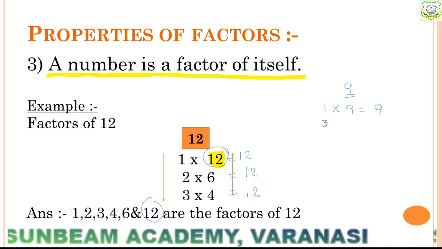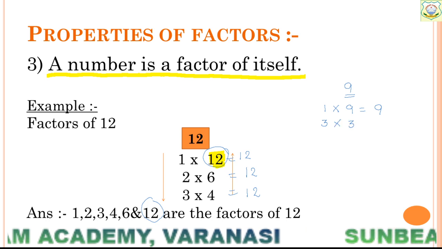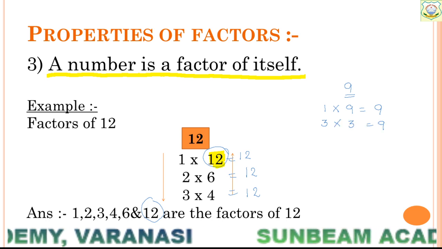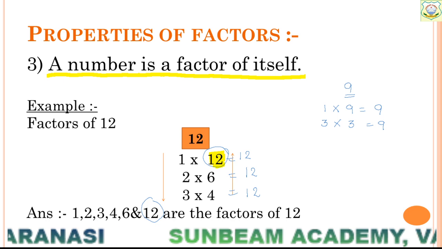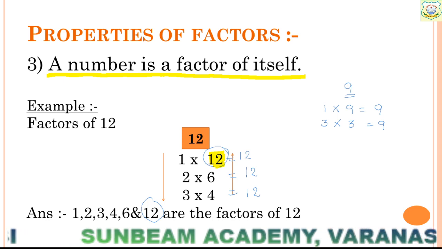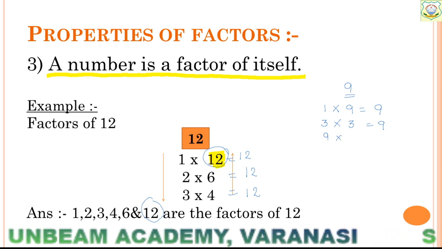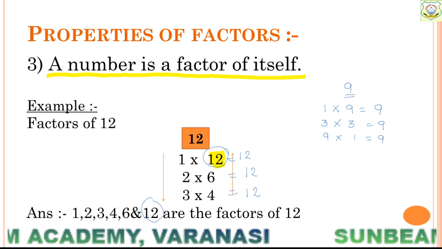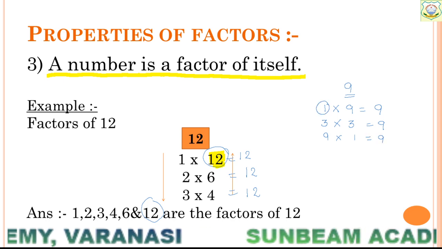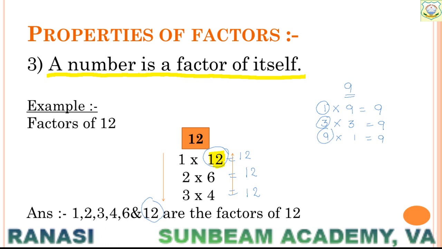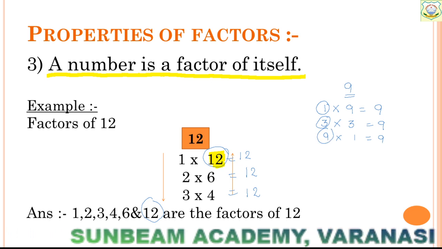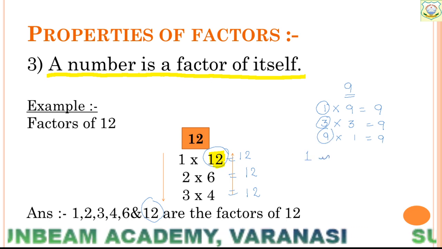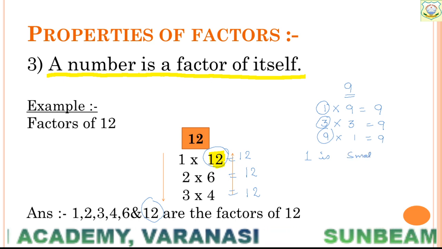Then it comes in the table of 3. 3 times 3 is 9. So now it is not coming in any other table. Only in 9. Right. 9 times 1 is 9. So how many factors are there? 1, 3, 9. Which is the smallest factor? 1. 1 is the smallest factor.